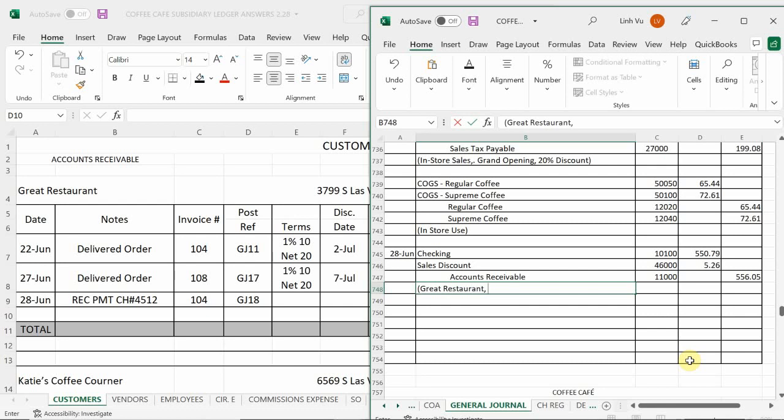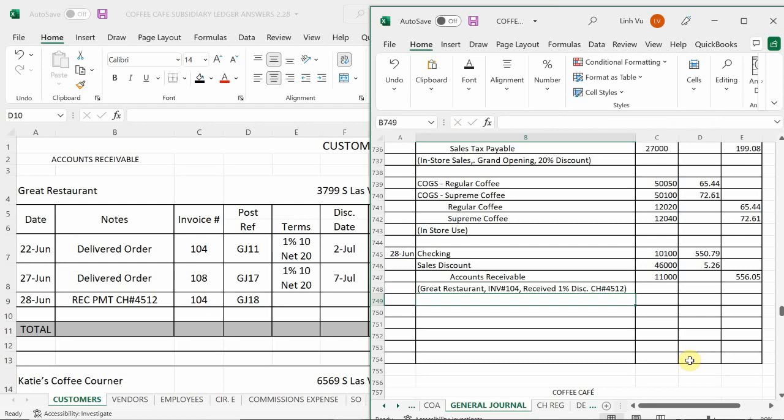And we know that we received that they were making a payment for invoice number 104, and they received a 1% discount, okay? And they paid with a check number 4512. Okay?